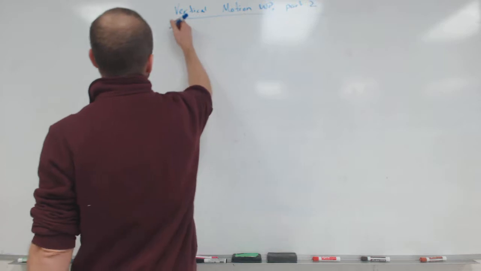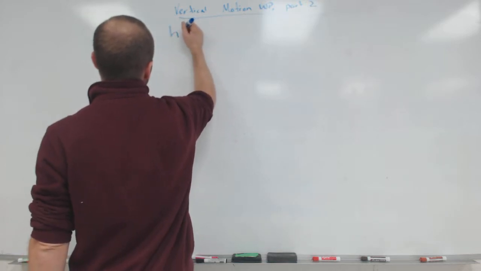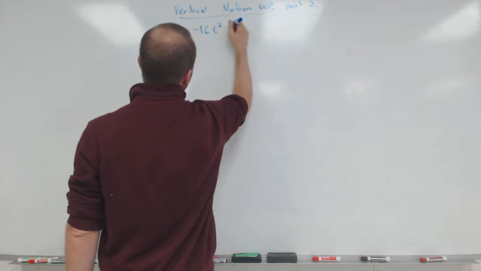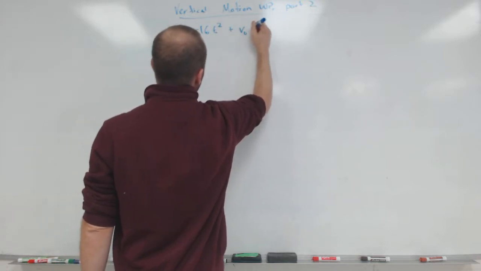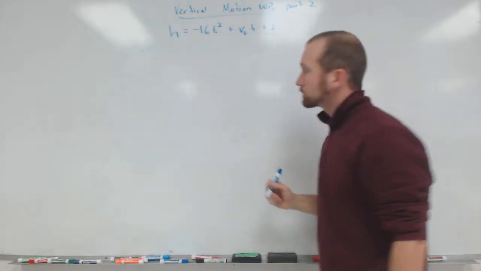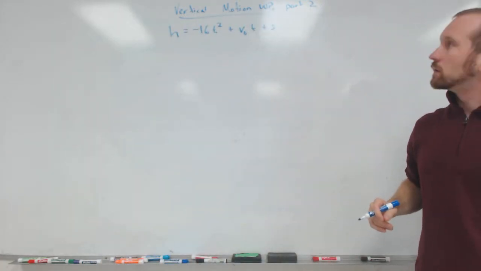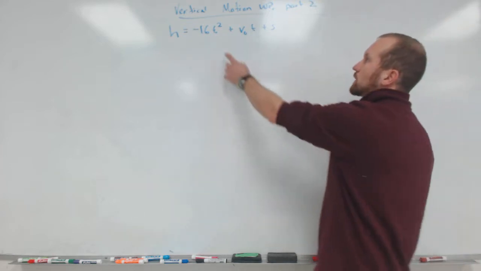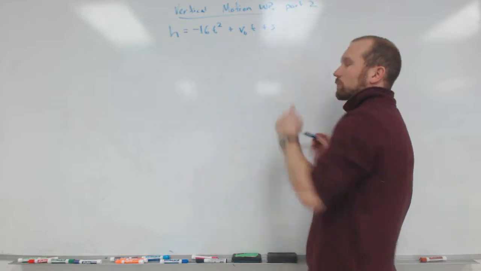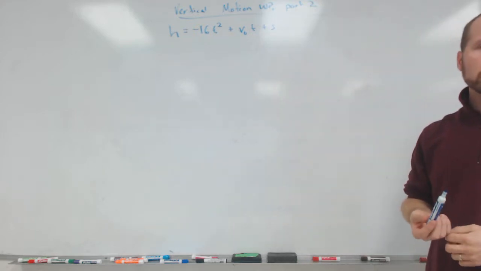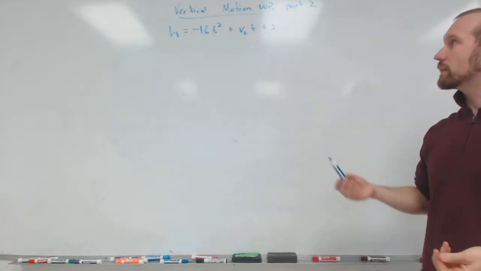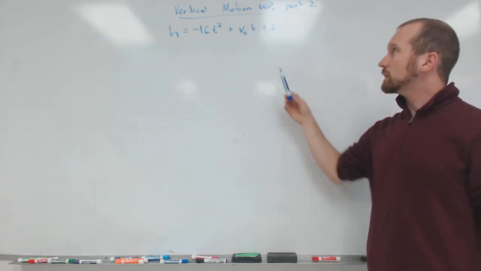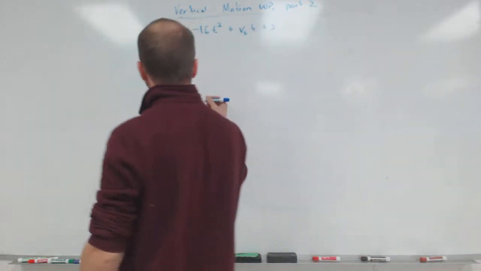So if I know that my formula is h equals negative 16t squared plus v0t plus s, yesterday we were solving only for t, the time. But there's no reason that I couldn't solve for a different variable. So let's say I had a problem that said something like this.